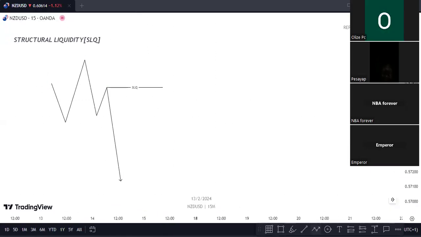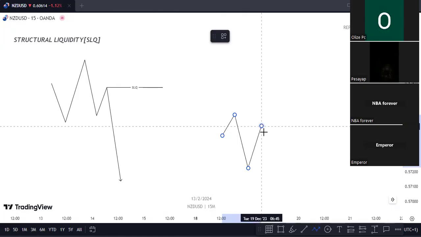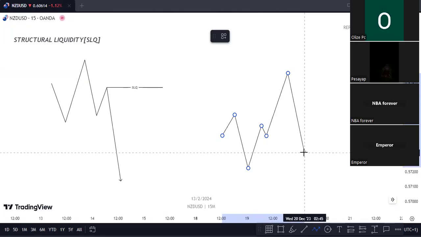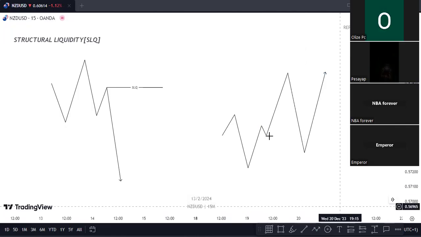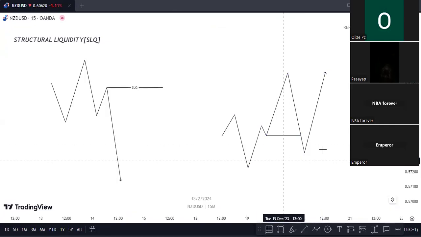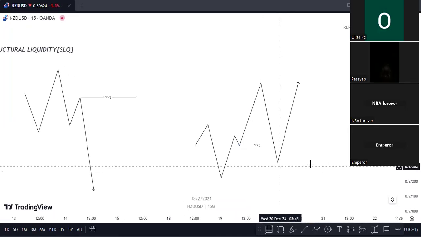Okay, so this is a very clear example. Same thing goes for this one here. You can see after price takes out our SLK, what do we have?